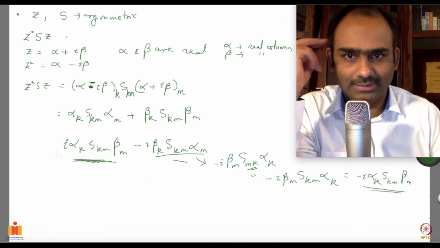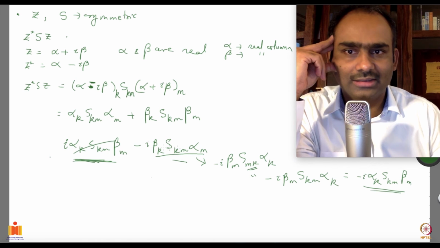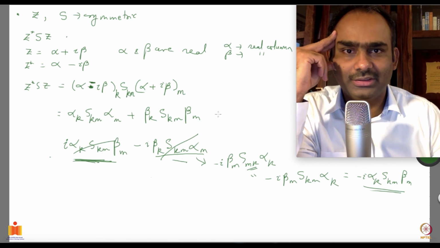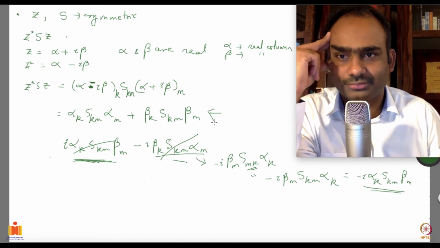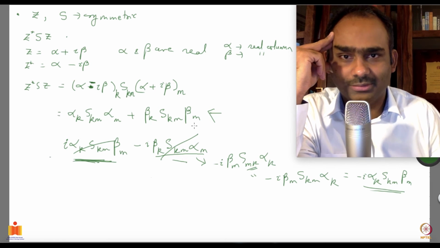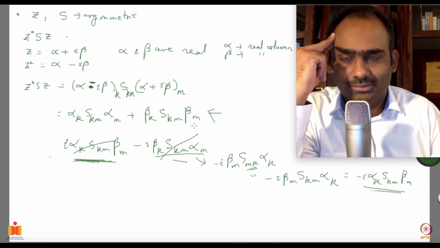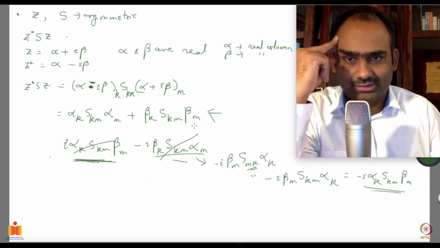So these two cancel, and I'm left with only the first two terms, where alpha and beta are real vectors.